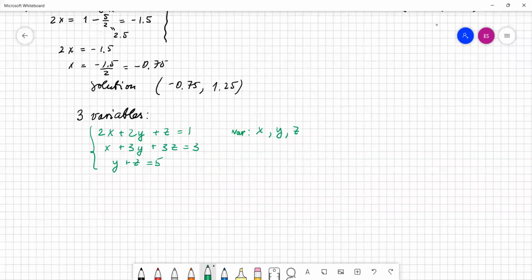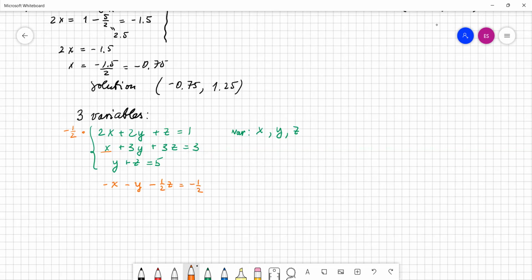What is elimination? Well, I'm going to eliminate this x by multiplying the first equation by -1 over 2. This way I'm going to get minus x here. And, well, let me write it down. So it's minus x minus y minus 1 over 2 z equals minus 1/2.